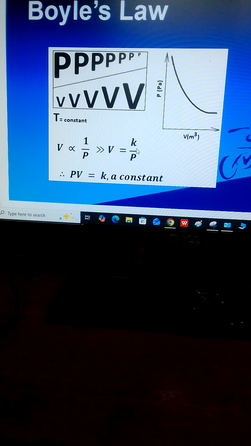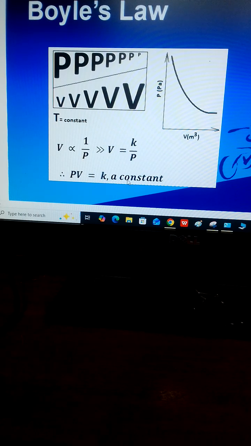All right? Now, from here, you can make K the subject of the equation. Then we have, you multiply both sides by P, you get P times V, PV is equal to K. So this is Boyle's law. PV is equal to a constant.